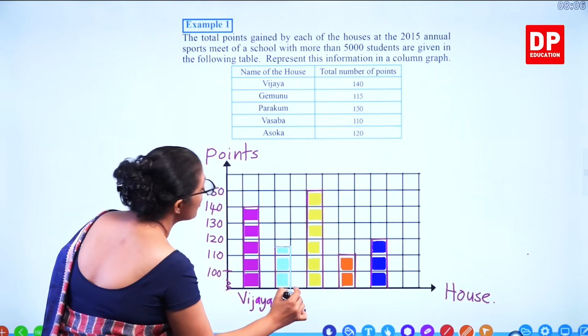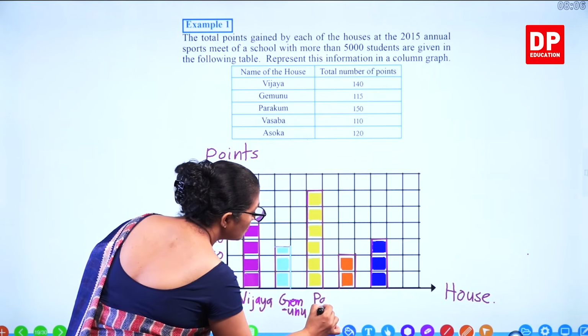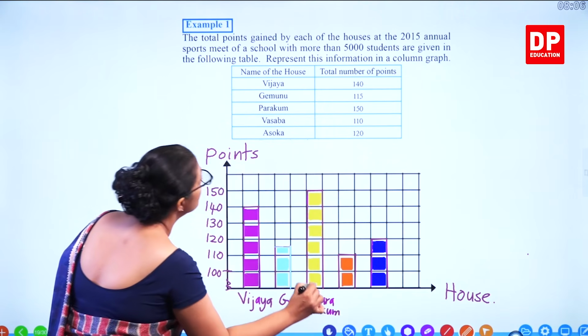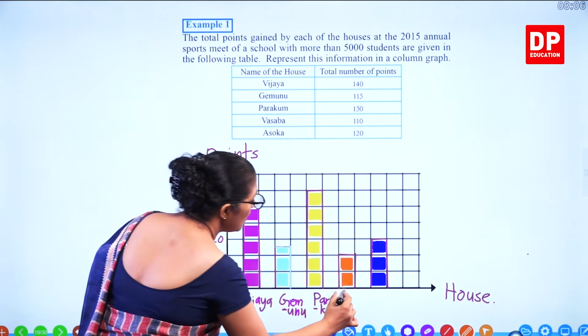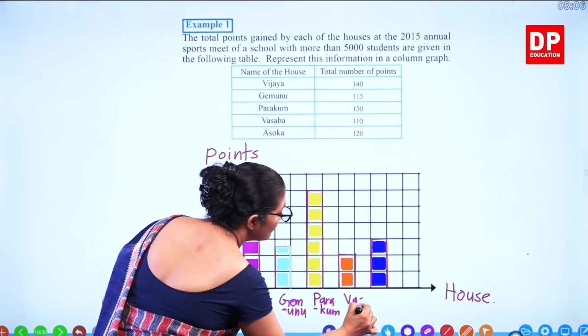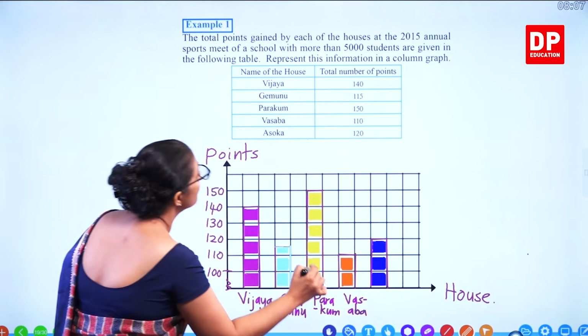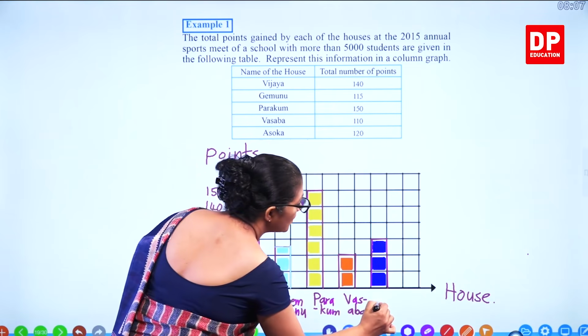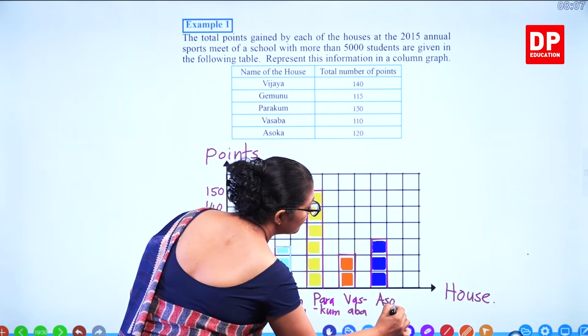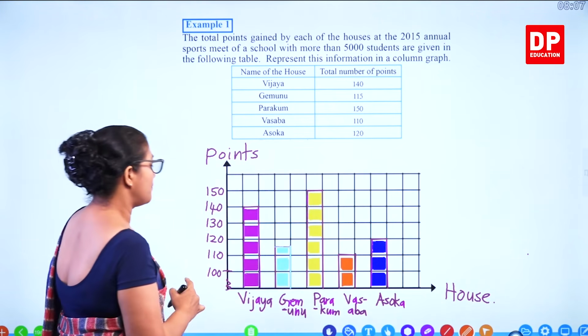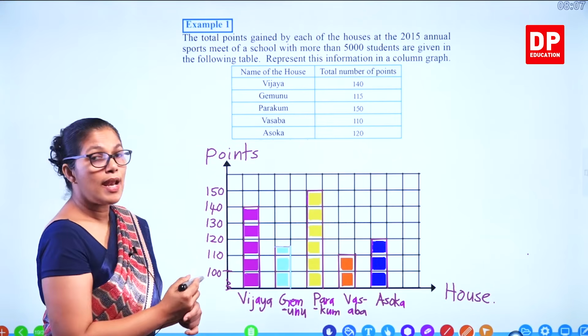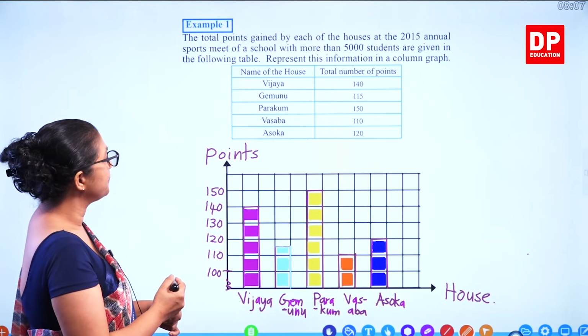And Parakum, Wasaba, and Asoka. So that's the column graph or bar chart.